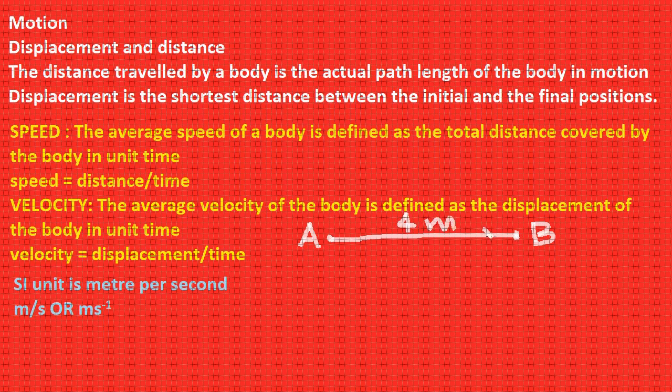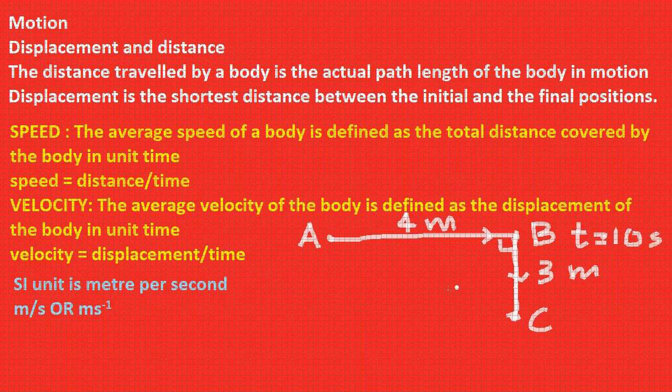Once at B it takes a sharp right angle turn, and again travels along a straight line, and it reaches a point C, and in this process it covers 3 meters. Now this entire thing takes place in 10 seconds. So the time interval is equal to 10 seconds.